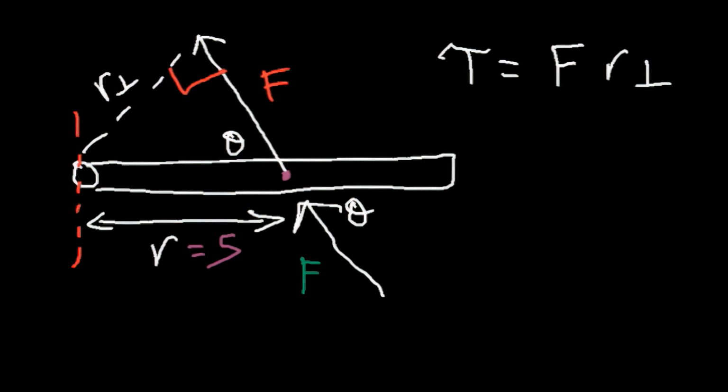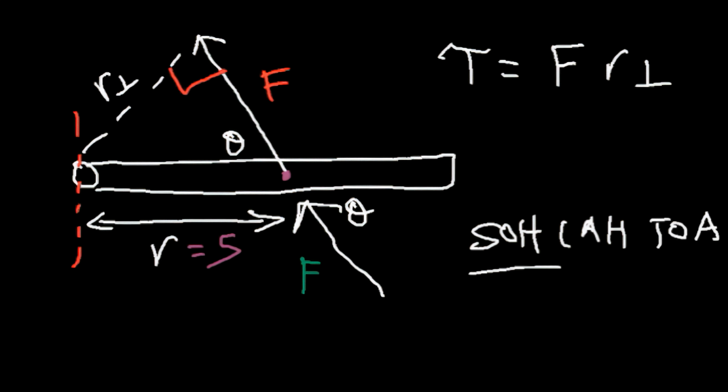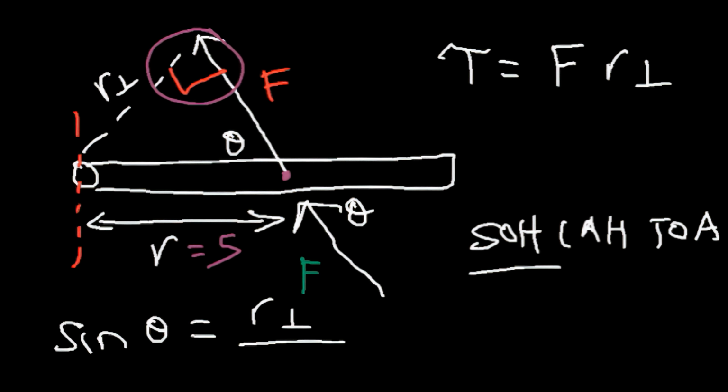Now, according to SOHCAHTOA, if we go back to trig, sine is opposite over hypotenuse. So sine theta is equal to the opposite side of that triangle, which is the moment arm, divided by the hypotenuse. Since this is the 90-degree angle, across from it is the hypotenuse, which is r.